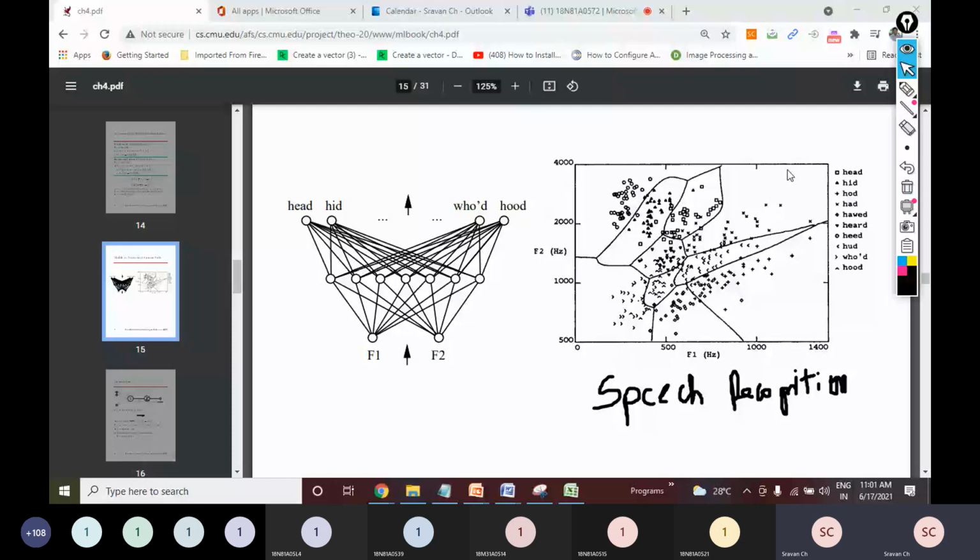But initially there will be errors, right? And YouTube is the best example. Watch some old cricket videos on YouTube, you will see the commentary which is converted into text, and you will see a lot of mistakes in it, right? So this is an example of speech recognition. So see here how many different types of output we have.